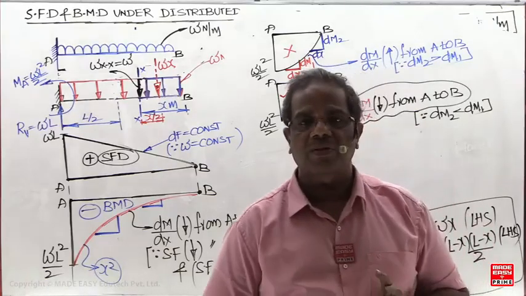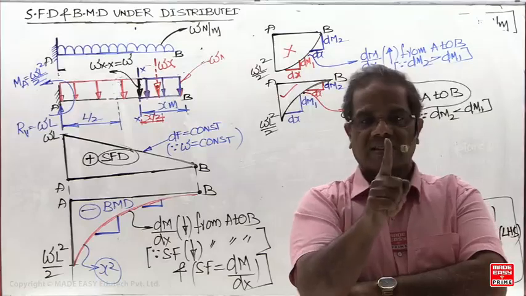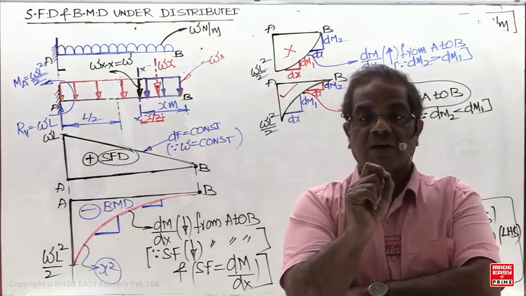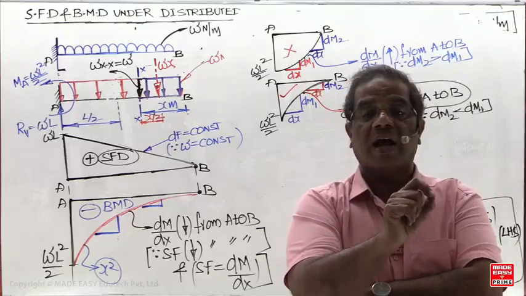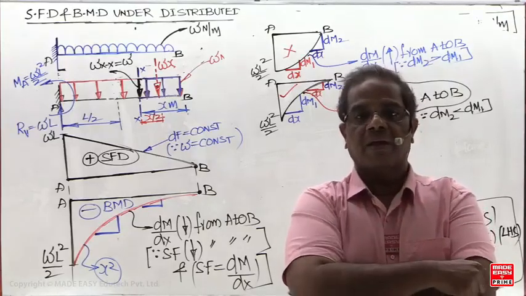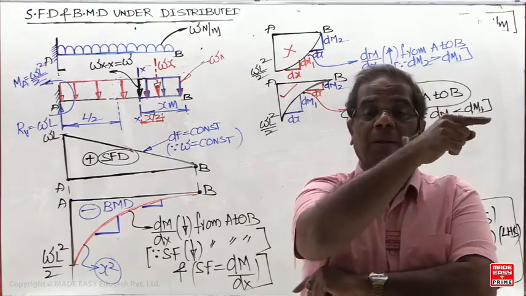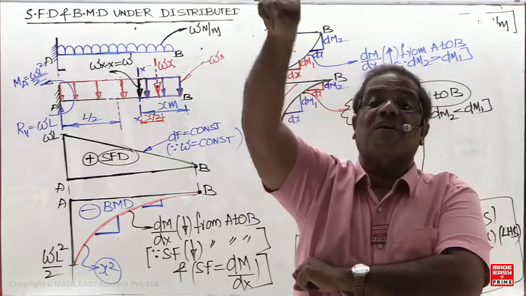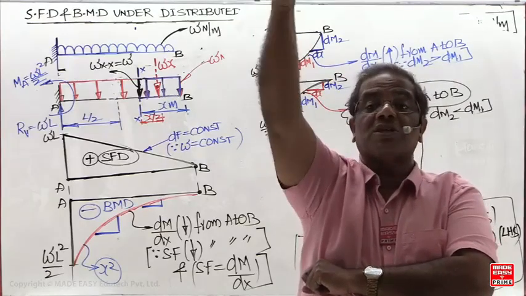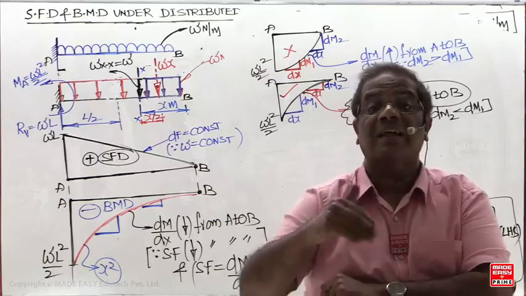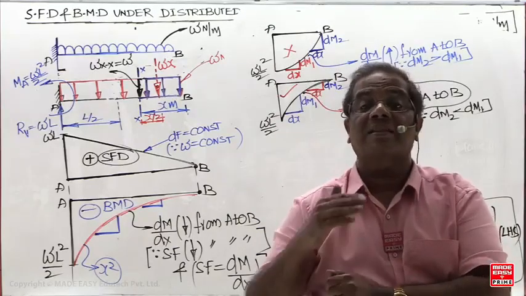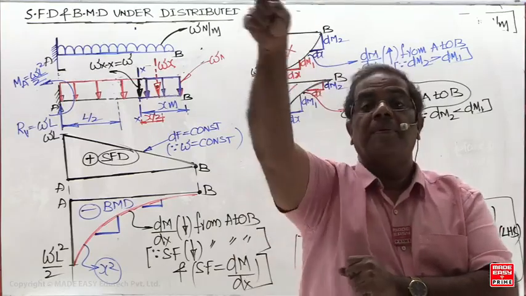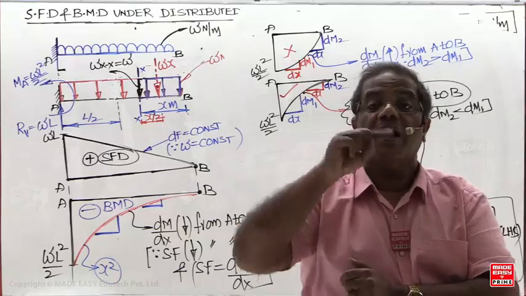So I am going to conclude it like this. Always, in a distributed vertical load, shear force variation is one order higher than load intensity. If the load intensity is a function of x cubed, then shear force will be a function of x to the power of 4, then the BMD will be a fifth order parabola, and the bending moment equation will be a fifth order polynomial.